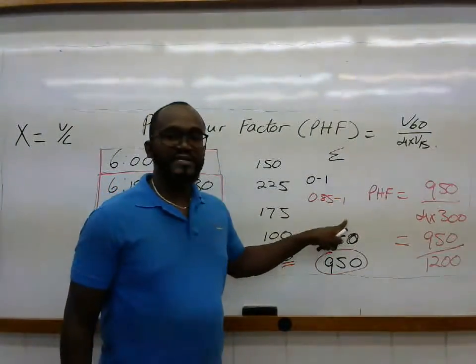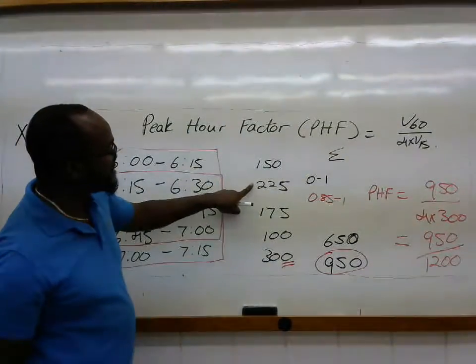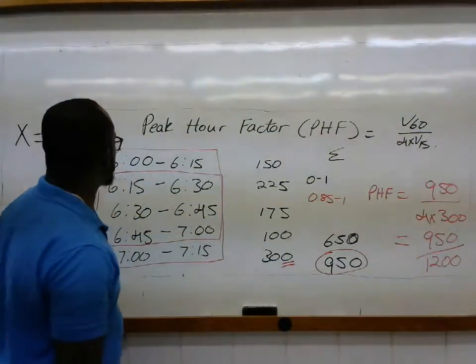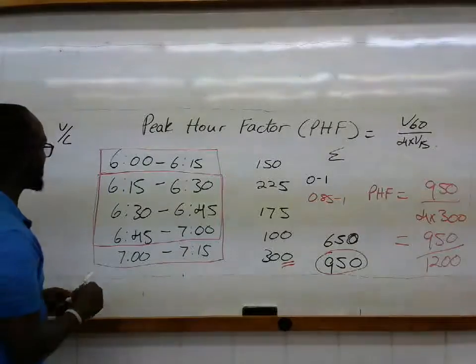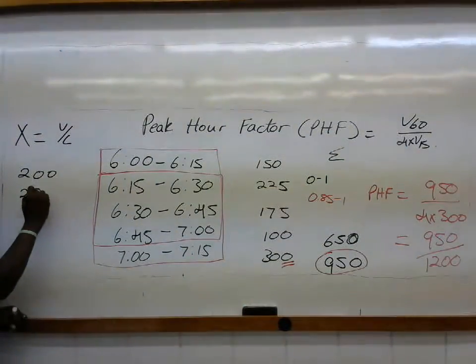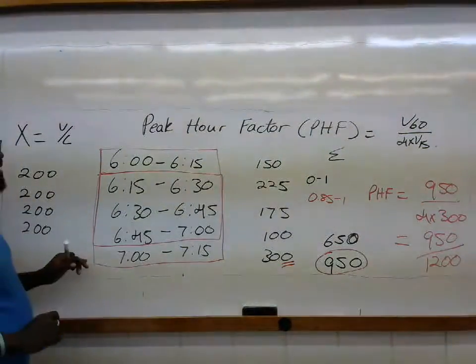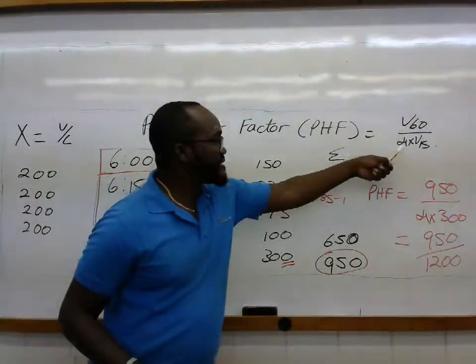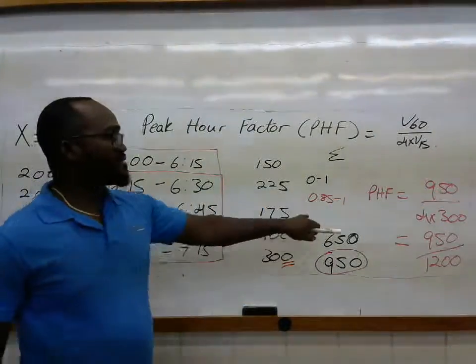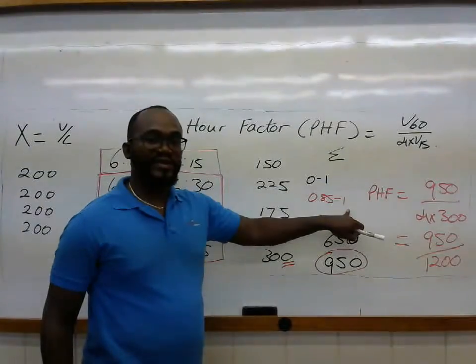So what does the peak hour factor represent again? It is the variability of flow within the peak hour. So if these values were to be, for example, theoretically 200, 200, 200, 200, then clearly we can see that based on this formula, our peak hour factor would be 1. So 1 represents uniform flow within the peak hour.